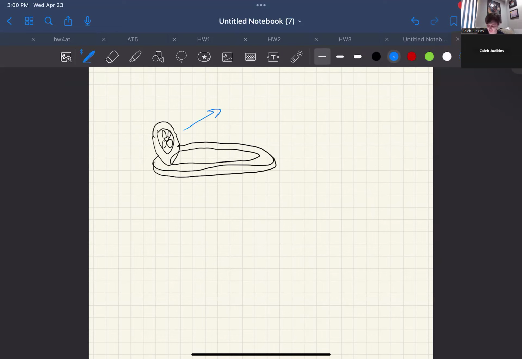Let's say that we're at an incline of 30 degrees. I'm trying to figure out a good place to put that in this picture.